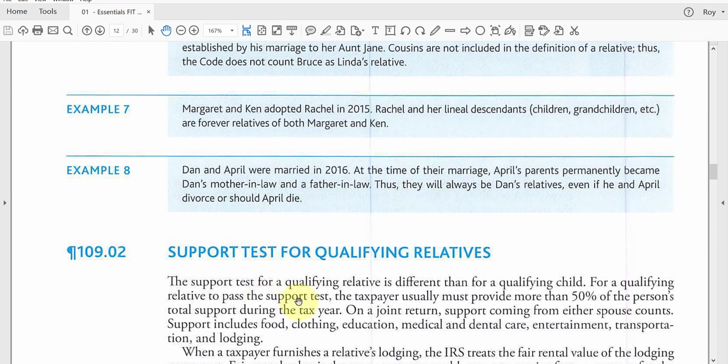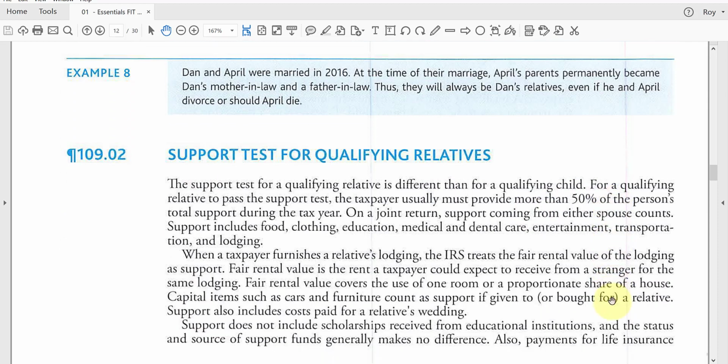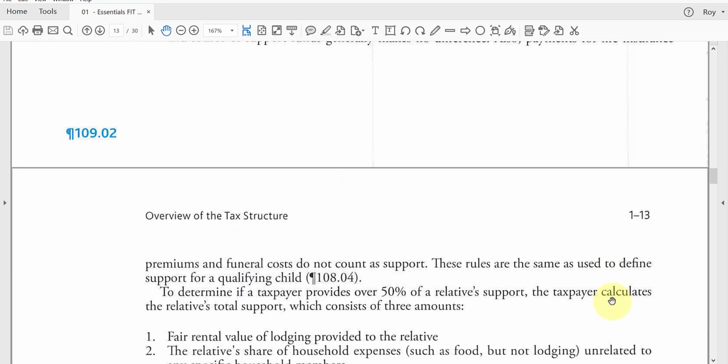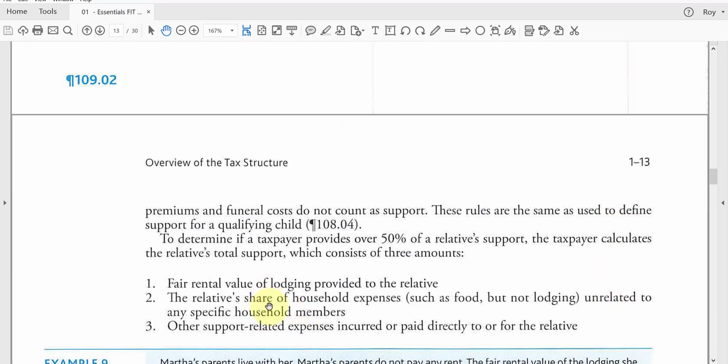Let's talk about the support test. Now, this is the most logical test that people think of when you claim a dependent. The taxpayer has to pay for more than half of the support costs for the dependent for the year. So that probably will include stuff like housing, food, education, as mentioned here.